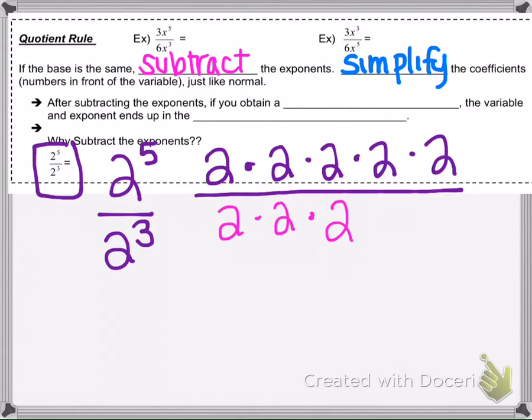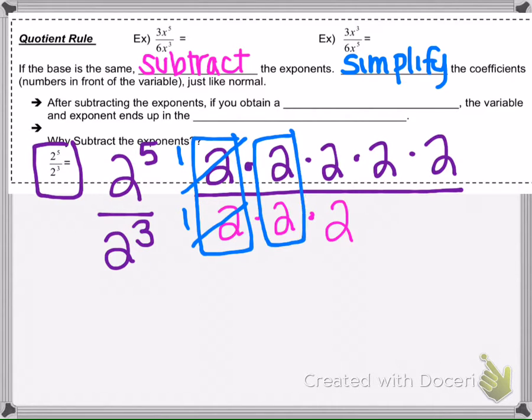Now, here we have 2 over 2, which is 2 divided by 2 is 1. So these are going to cancel and they are essentially changing into 1s. Same thing here, those are going to cancel because it makes 1 over 1, or just 1. These are going to cancel and essentially make 1 over 1.